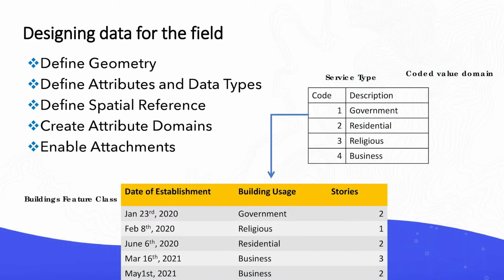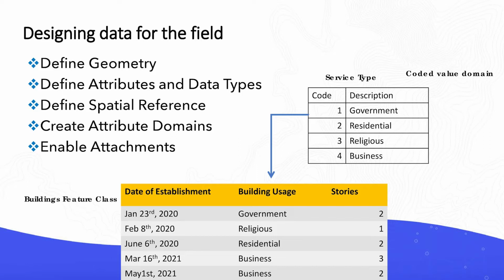Some considerations to keep in mind when starting from scratch include defining the geometry of the data you want to collect. ArcGIS Field Maps supports data collection using points, lines, and polygons, or even tables. You would also want to define attributes, or the non-spatial data, and their corresponding data types.